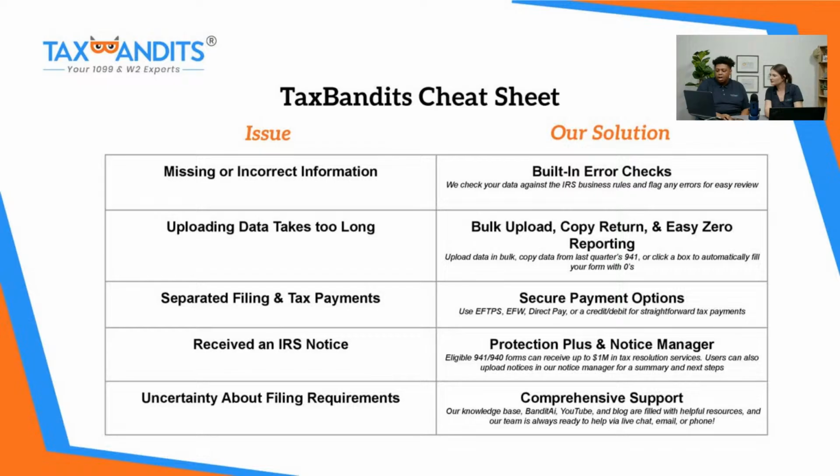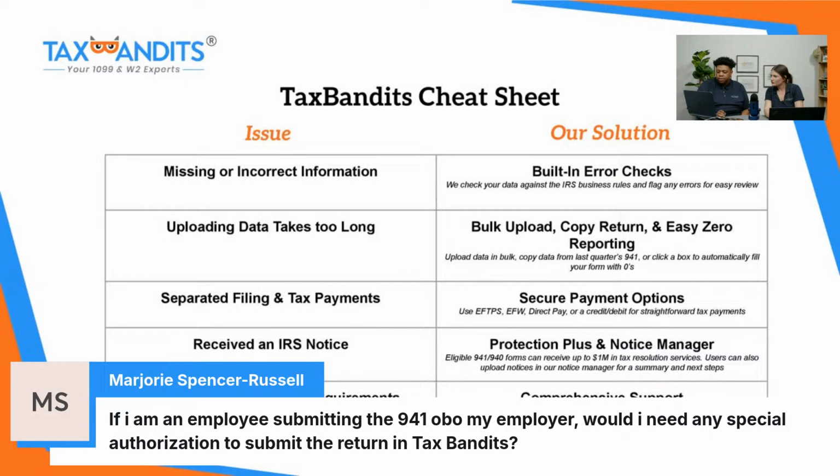Anything else? Alrighty, Marjorie Spencer Russell asks, if I am an employee submitting the 941 for my employer, would I need any special authorization to submit the return in TaxBandits? So essentially, when you start the 941 form, we do have a pop-up that says, are you authorized to file on behalf of this employer? Just make sure that the employer you're filing for is aware that you are filing this 941 on their behalf.